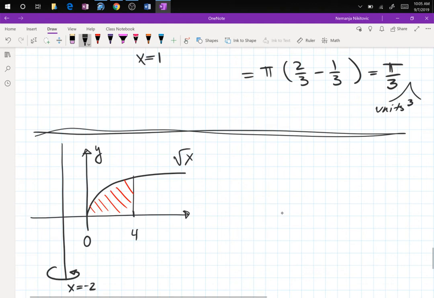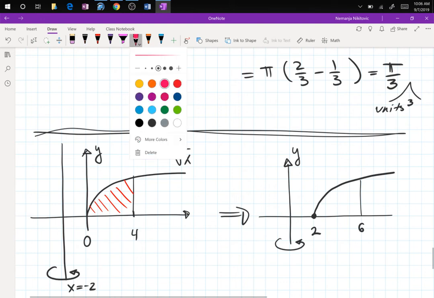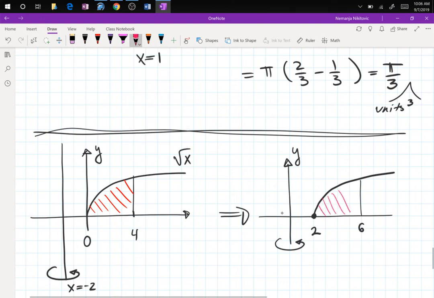So your square root of x is no longer going to be square root of x. This is the new situation. So from here, you're going to your new situation where your y-axis is now the axis of rotation, and your square root begins at 2, and it's going to end at 6 now, because we shifted to the right.